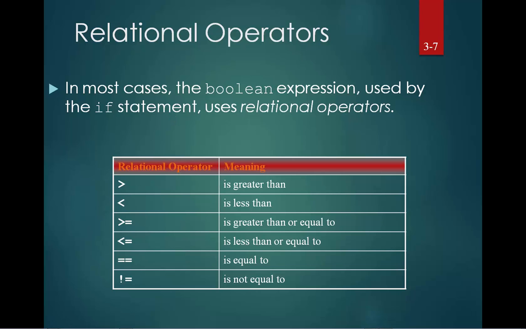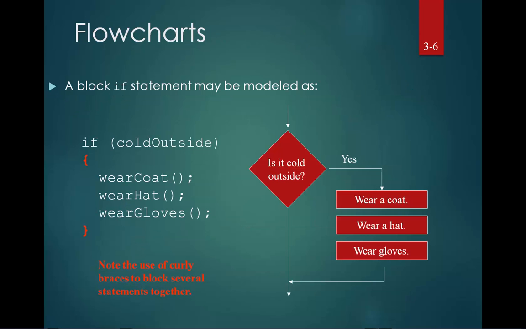So inside of what I like to call the conditional of the if statement, there is something that must evaluate to a Boolean. So it must be able to be evaluated as true or false. coldOutside, for example, can be thought of as the question, is it cold outside? So this variable must be a Boolean here.